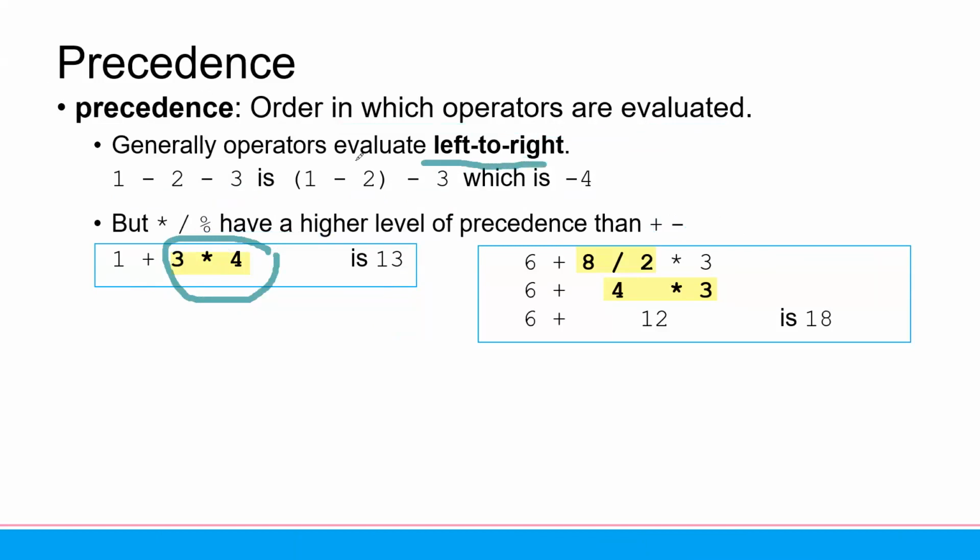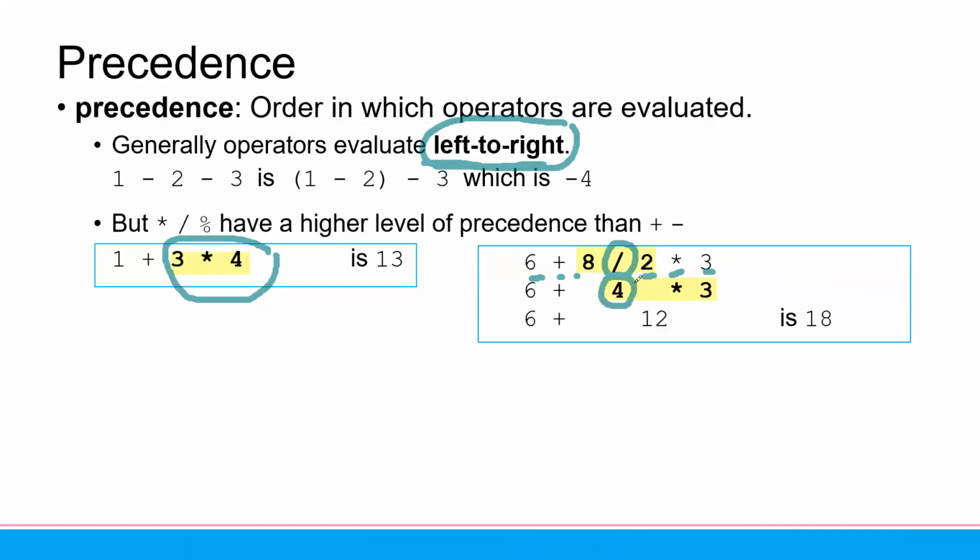Now I have another problem: 6 plus 8 divided by 2 multiplied by 3. In this case, we apply the rules from left to right. The first will be division: 8 divided by 2 is 4.